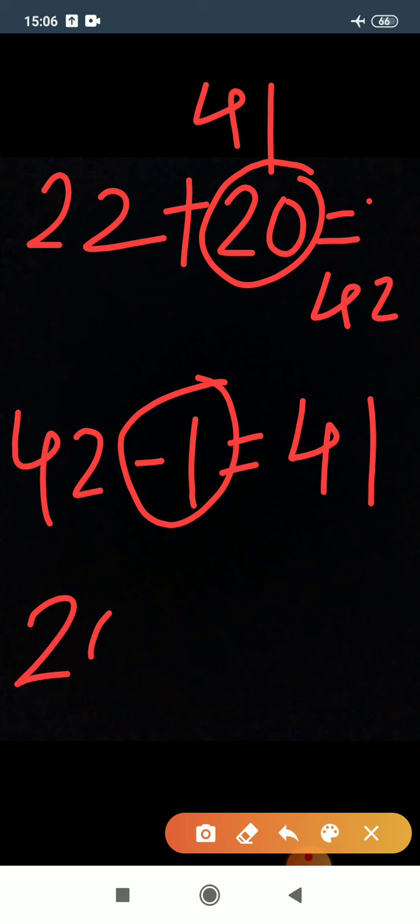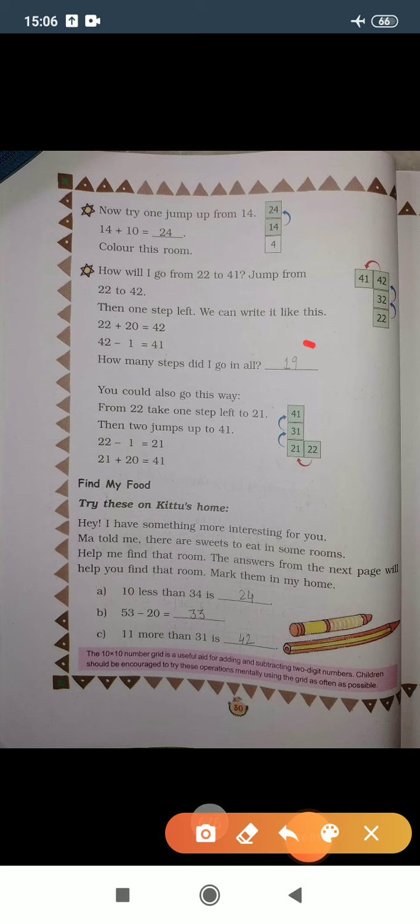So 20 minus 1 will give you 19. With this easy method we can calculate the jumps. You can see here the answer is 19. How many steps did I go in all? So total 19 jumps. Let's see the next question.